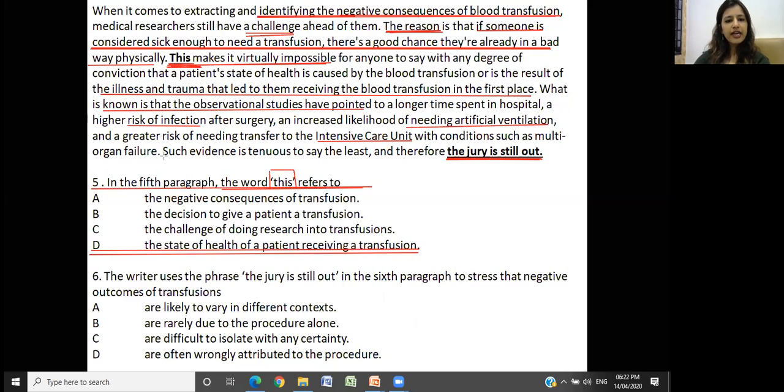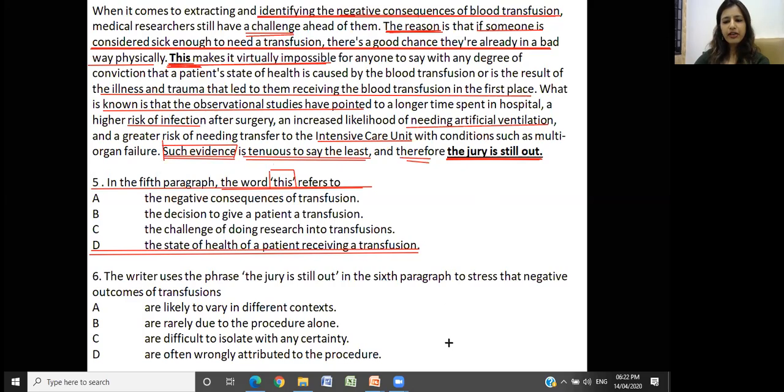But then again, the writer says such evidence. See, again, such is the reference link word here. Such evidence. Which evidence? The evidence that we have from the observational studies is tenuous, to say the least. And therefore, the jury is still out.